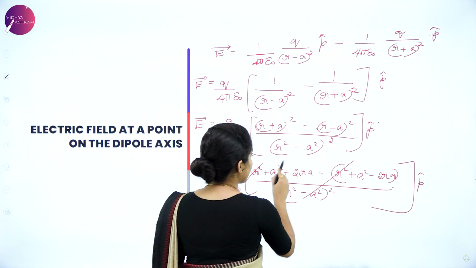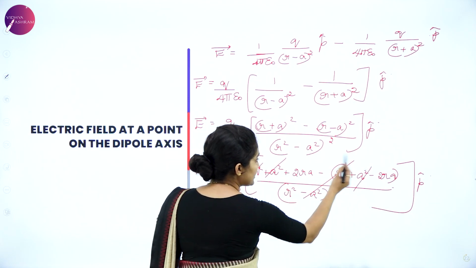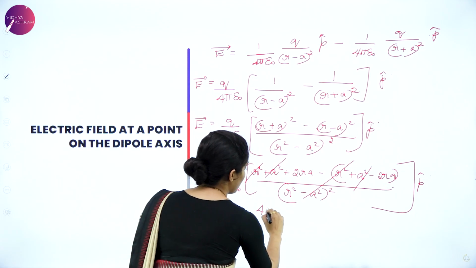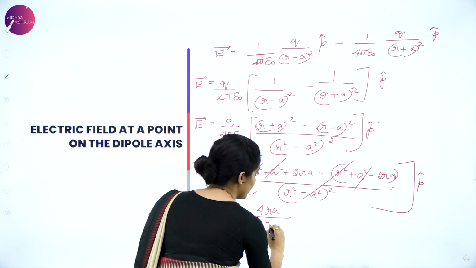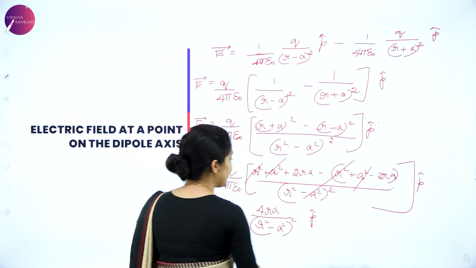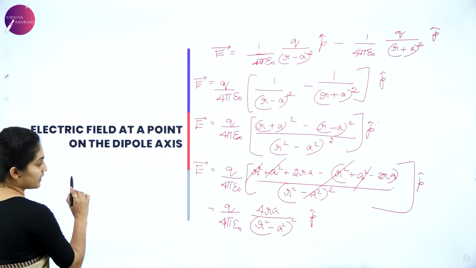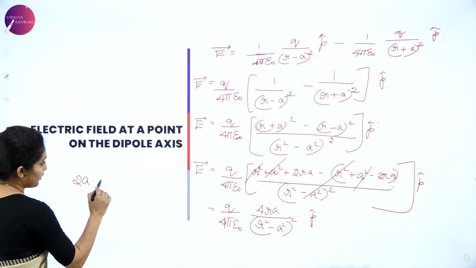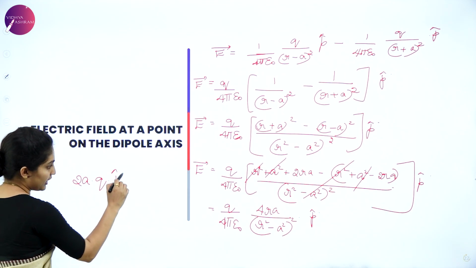R square cancels, A square cancels. So minus into minus, it's plus. So 2 into RA, you get 4RA divided by (R square minus A square) the whole square into P cap. So from this we can take 2A with Q with P cap.